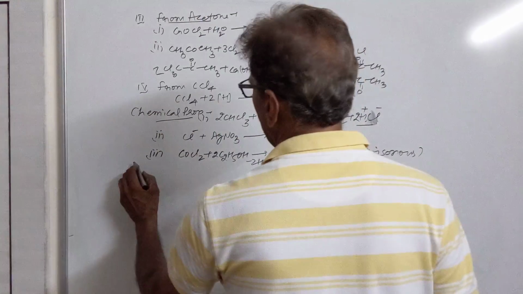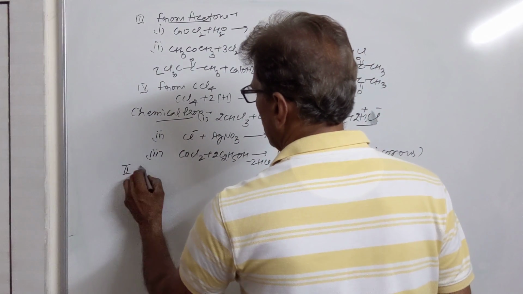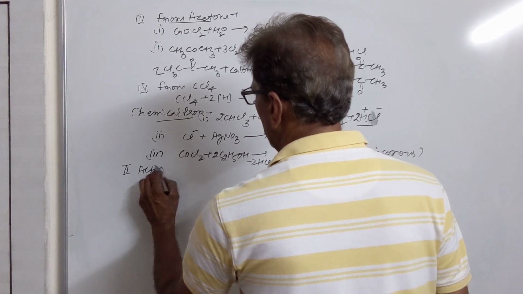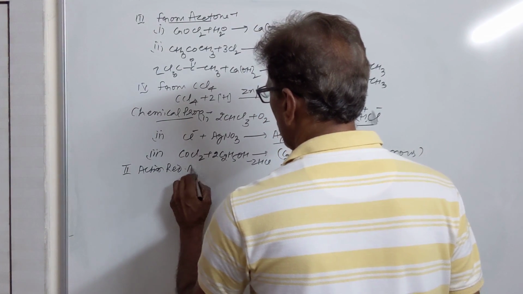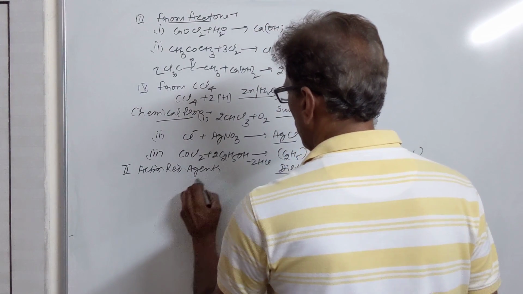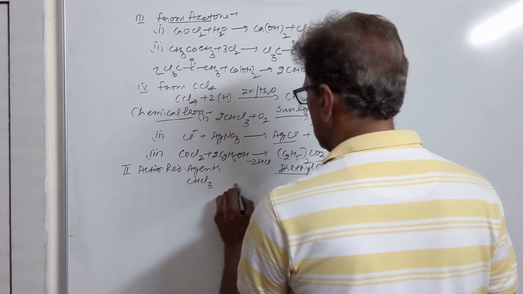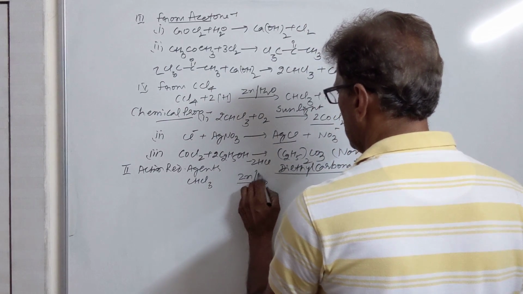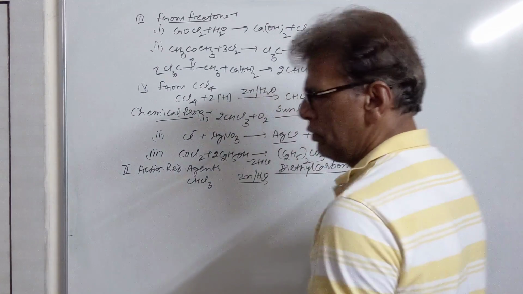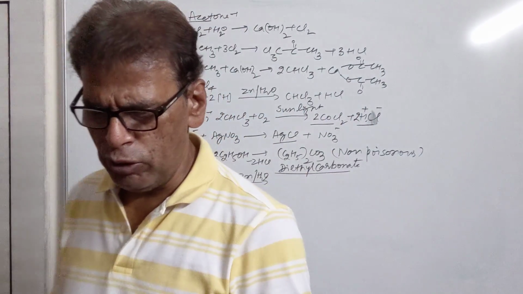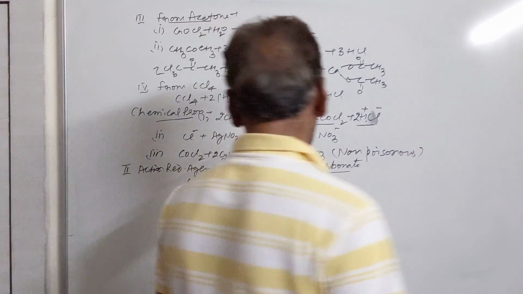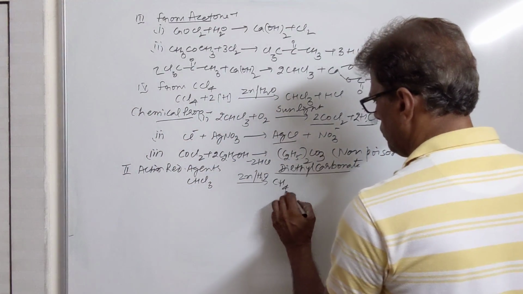Then chloroform can be reduced, action of reducing agent. Chloroform is treated with zinc and water. Zinc and water will reduce chloroform into methane plus HCl.